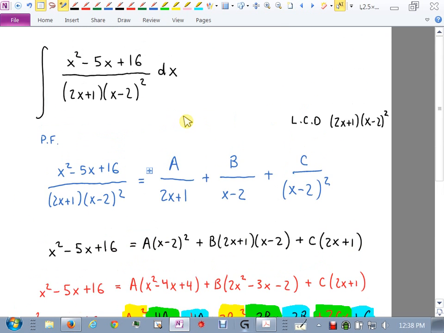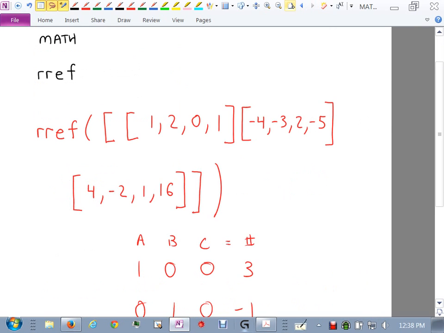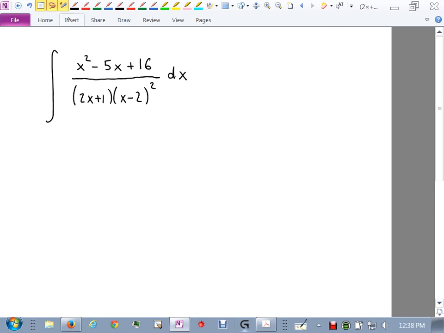So our integral, way back up here, I'm going to rewrite that integral on a new page. I'm going to copy and paste it, which is kind of cheating. This becomes the integral, A was 3, whoa, way off.